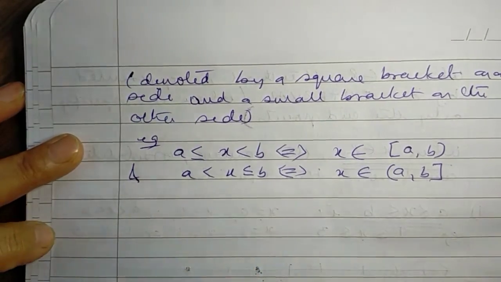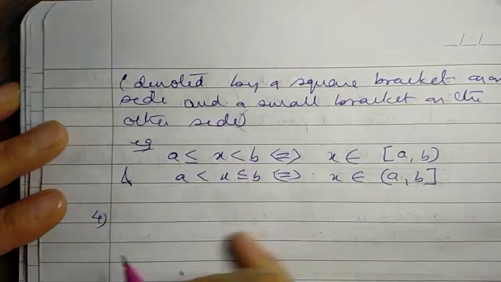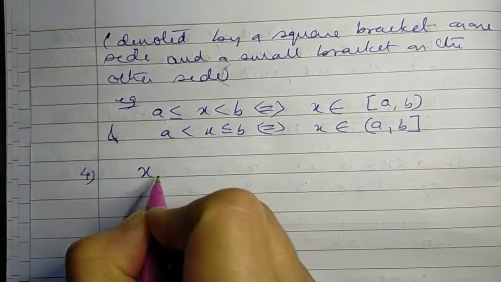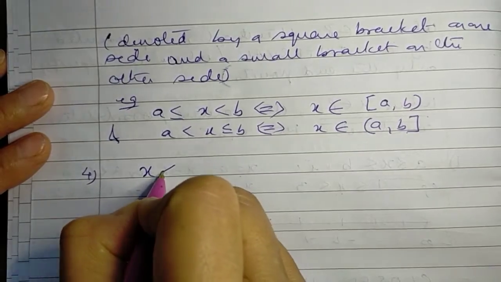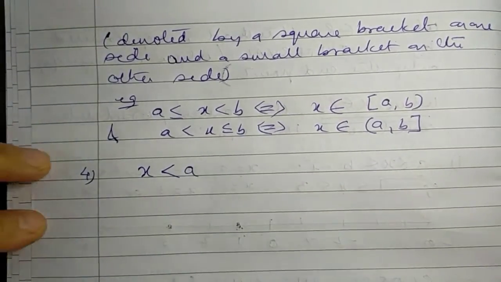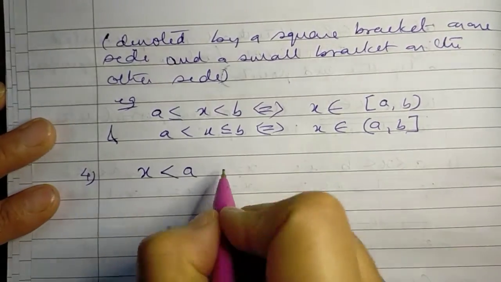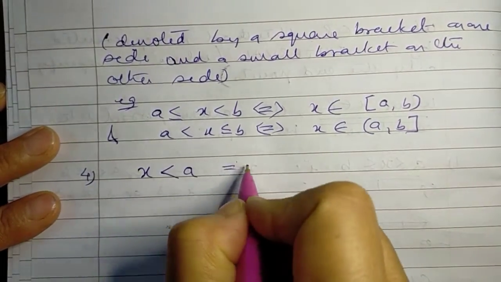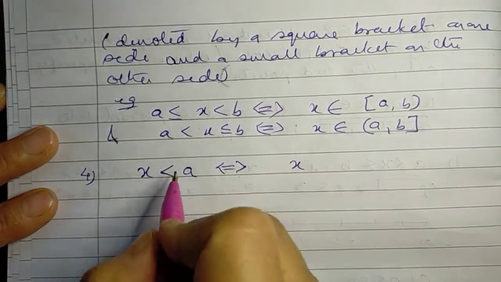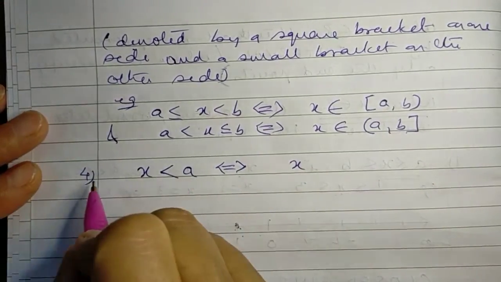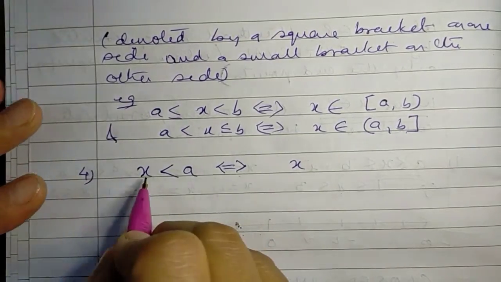Now, there are also cases where the fourth case would be, suppose you are given that x is less than a, simply less than a, and nothing else is given to us. So it implies that x lies between, it is less than a, and it can go on till minus infinity towards the left.